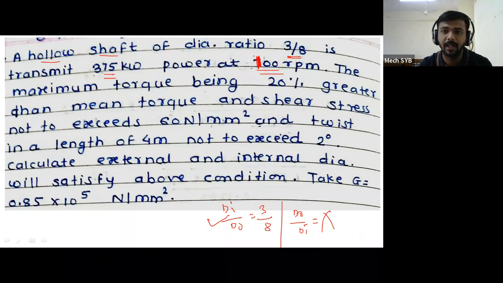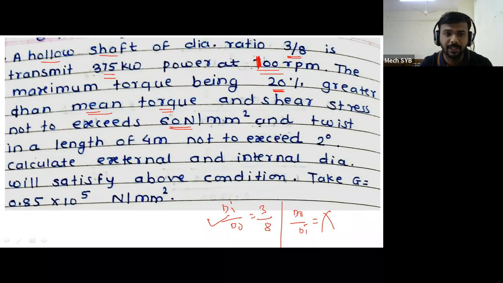The maximum torque being 20% greater than mean torque. The relation between maximum torque and mean torque is given, and it is 20% greater than mean torque. It means the same as the first problem we solved in the form of percentage, that same statement they have mentioned here. And the shear stress not to exceed 16 Newton per mm square.